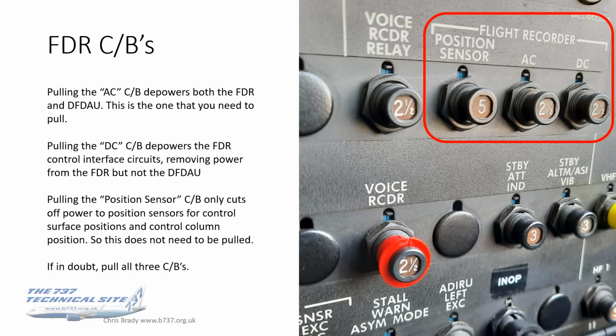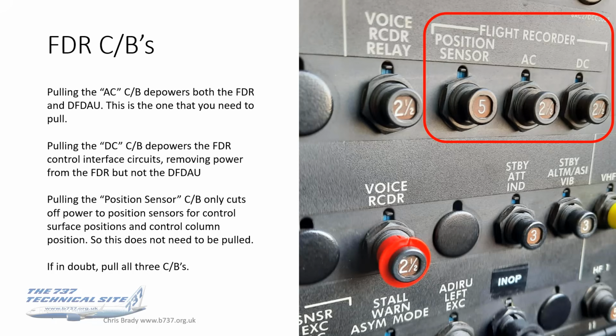If you just pull the DC one, then that will depower the FDR control interface circuits. It'll certainly remove power from the control interface, and I believe that from that point the FDR won't record anymore, but it won't remove power from the digital flight data acquisition unit, so potentially ACMS data could still be being recorded.